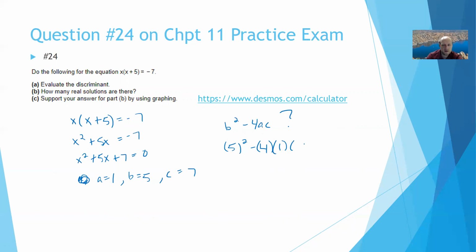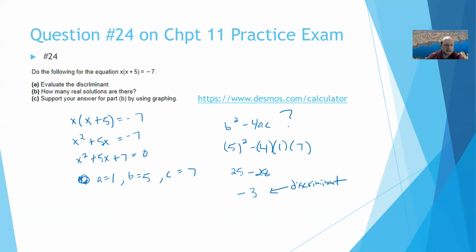And then A is 1 and C is 7. Actually, I do need the 7. I forgot about that. I was thinking vertex. But I have 5 squared, which is 25. 4 times 1 times 7 is 28. All those are positive, and I have one negative here, so I have minus 28. And I know 25 minus 28 is -3. So this is our discriminant.